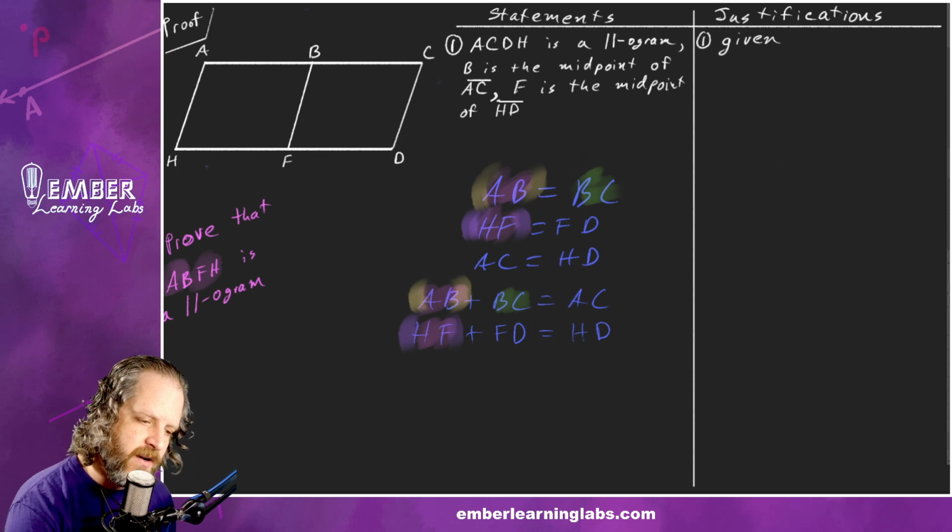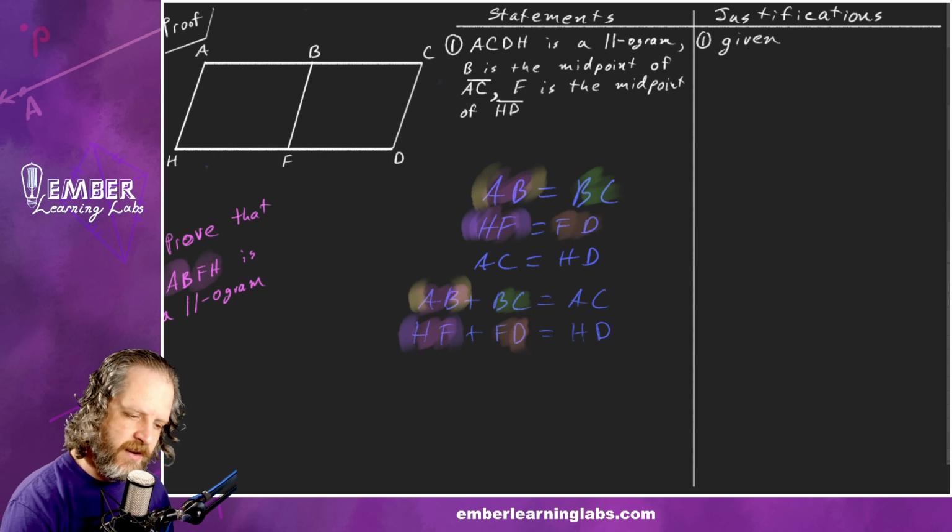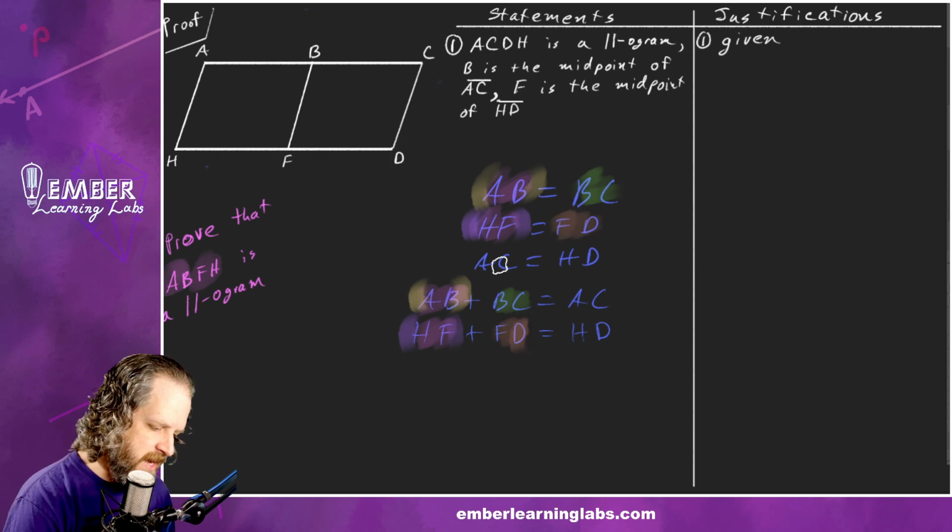I'm running out of colors here. Let me grab something different. There you go, that'll work. It's going to be ugly, but whatever. This is going to match with that one, just finding stuff that matches. This AC matches this one, and this HD matches that one.